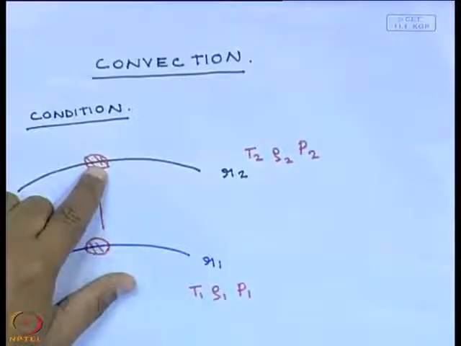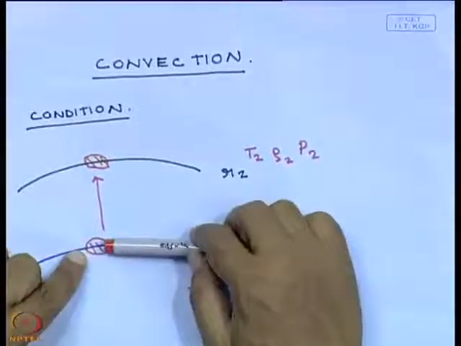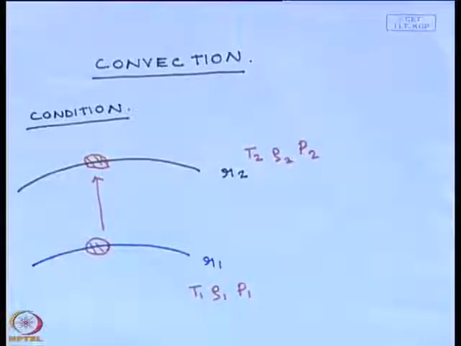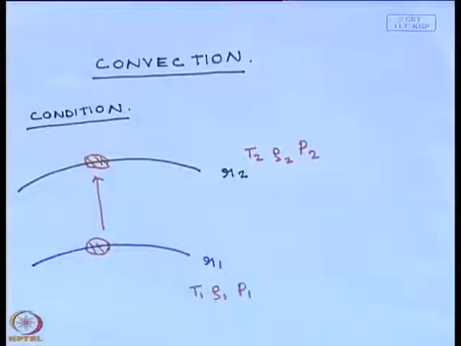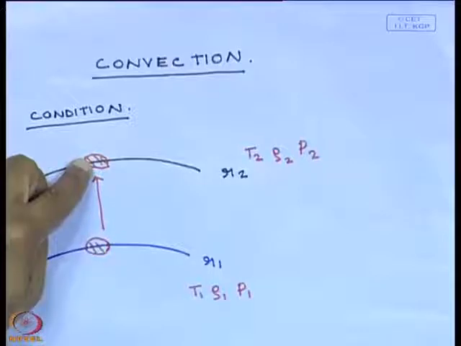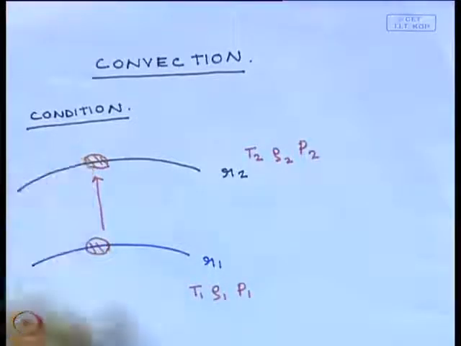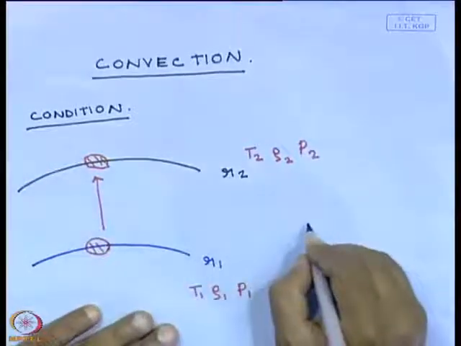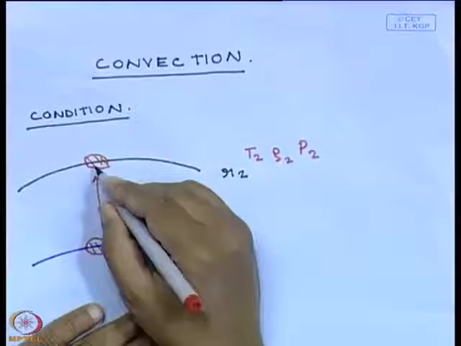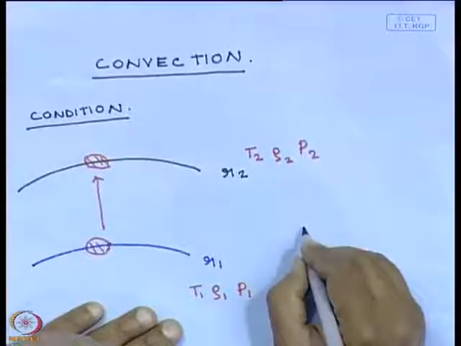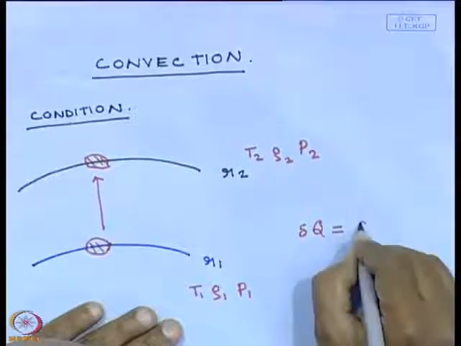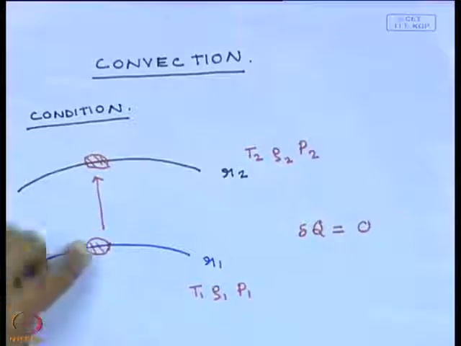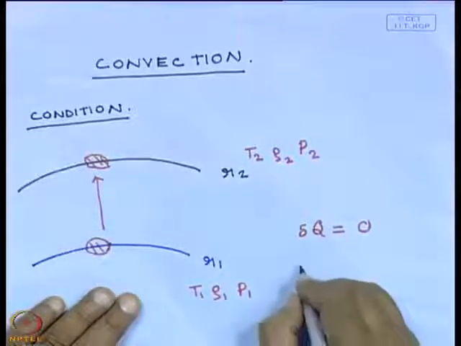We will assume that it moves from here to here sufficiently fast so that it does not exchange any heat with its surrounding. So, in this process the exchange of heat delta Q is 0. So, it is an adiabatic process.